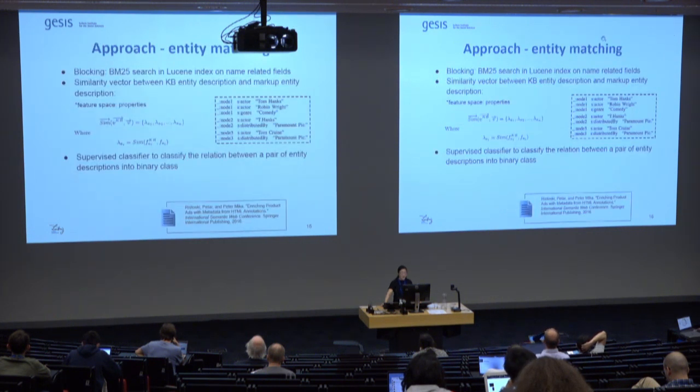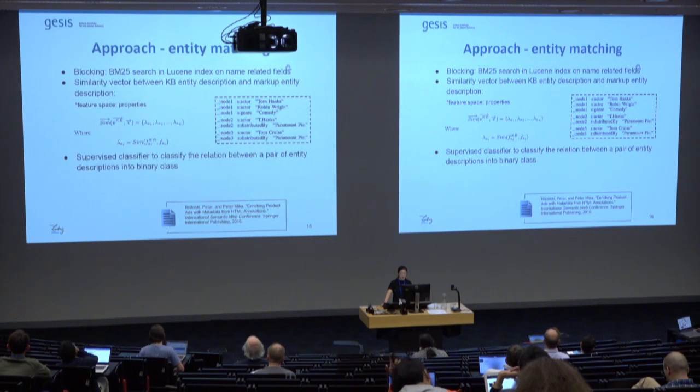In the first step, entity matching, we use BM25 as a blocking step to run a fuzzy match between the name of the entity description in the WDC dataset and the query entity. Then we run a pairwise comparison, which is a supervised classification approach.